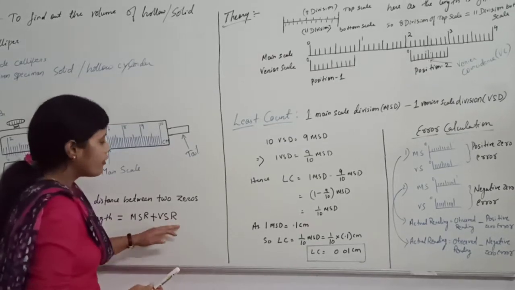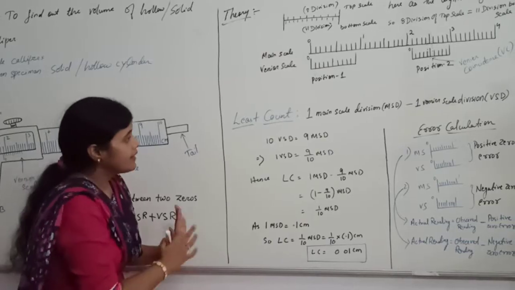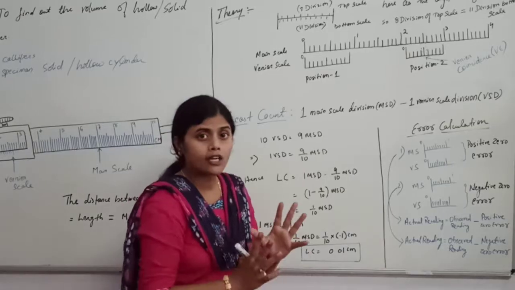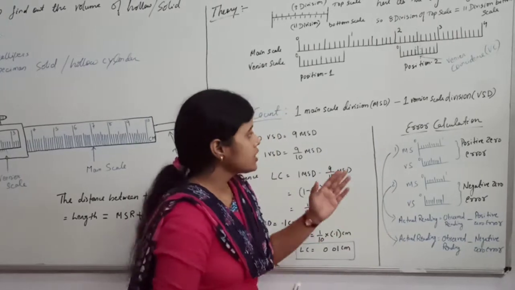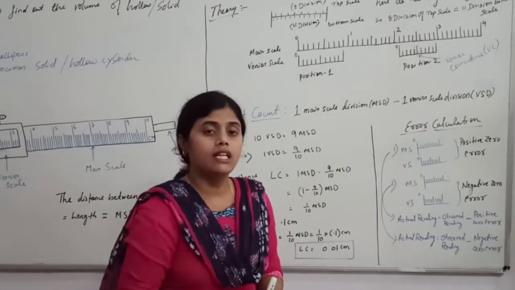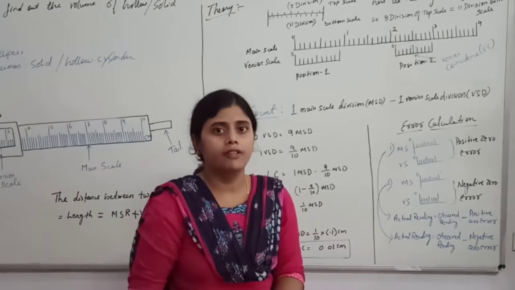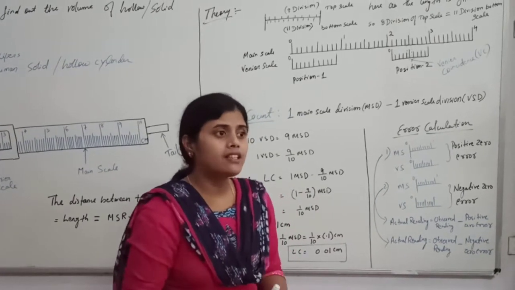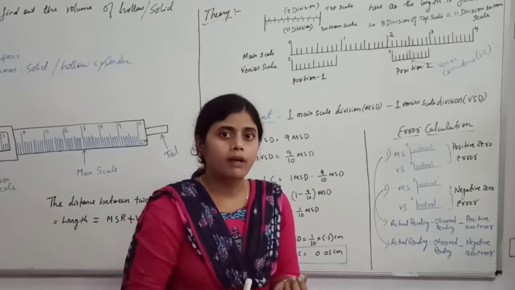Okay. Before telling you how to find main scale reading and vernier scale reading, let me tell you the most important part of this experiment, that is the error calculation. It is not always necessary that the instrument which is given to you is error free. You might see some manufacturing defect in the instrument and it contains some kind of error.